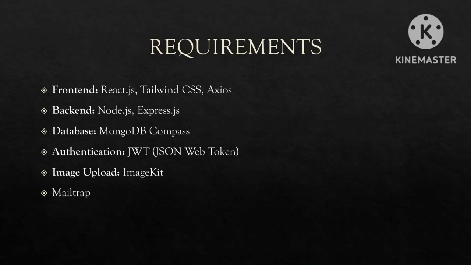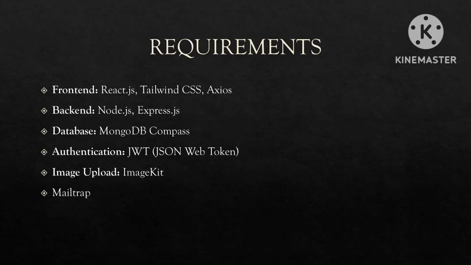Authentication: we use JWT authentication, that is JSON Web Token. For image upload, we use ImageKit, for the properties that are listed on our web page. The photos of that property are not directly stored in MongoDB.